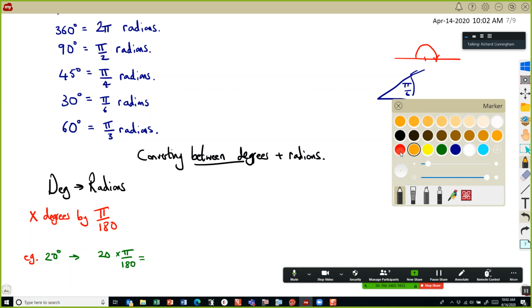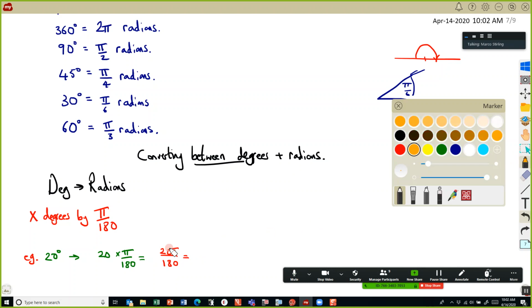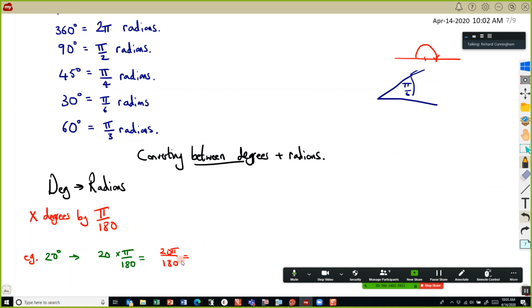Okay, well, how do I multiply them together? Yep, straight across. So it's going to be 20 pi over 180. How do I simplify 20 pi over 180? Yep, divide top and bottom by 20. So we can even do 10 first. So that's 2 over 18, and that becomes 1 over 9. So it just becomes pi over 9. Okay? Easy enough. So 20 degrees is pi over 9 radians.